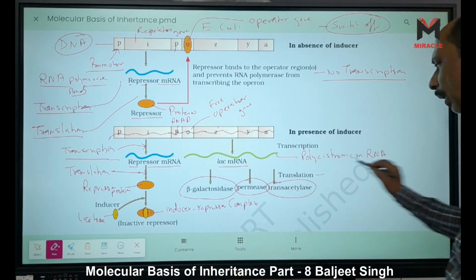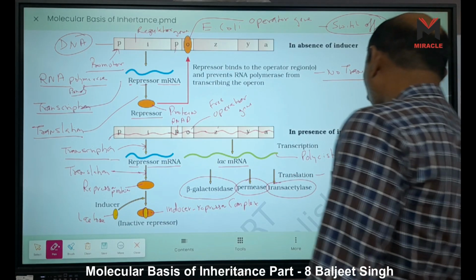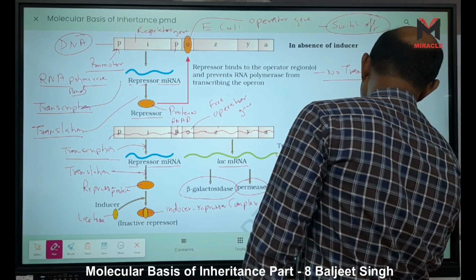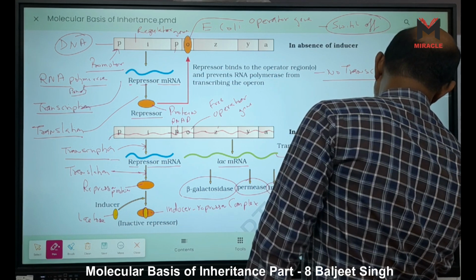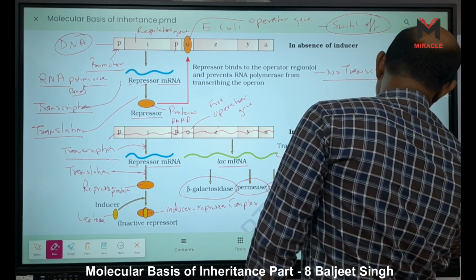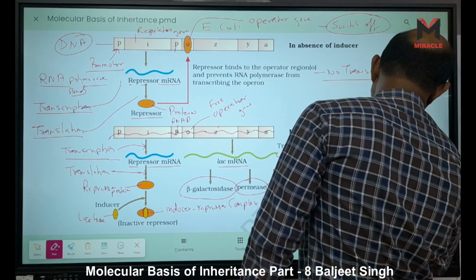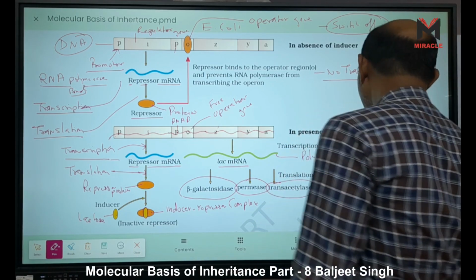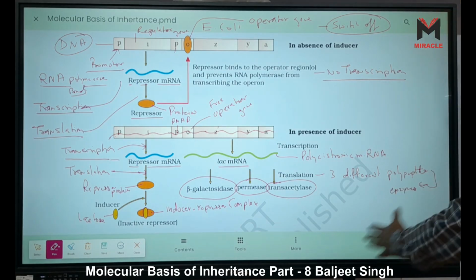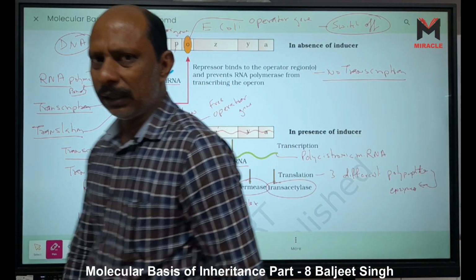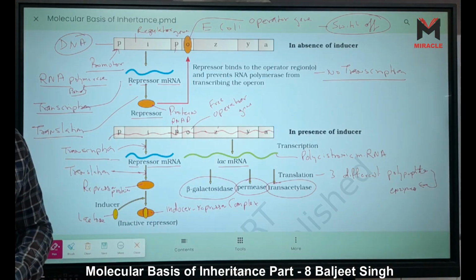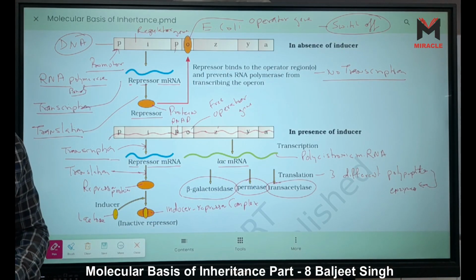This process is called translation. Three different enzymes are formed because it contains three cistron units, so we can say this is a polycistronic messenger RNA. Do you understand here?